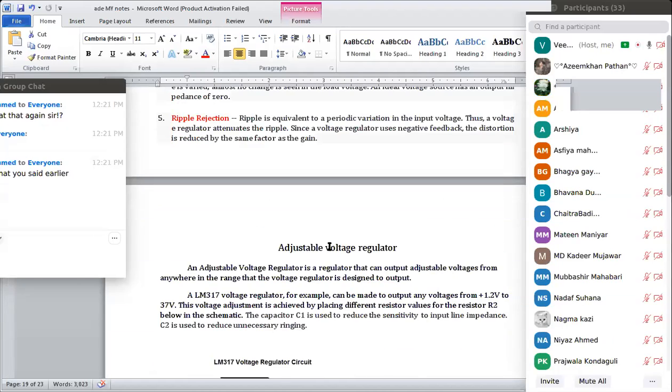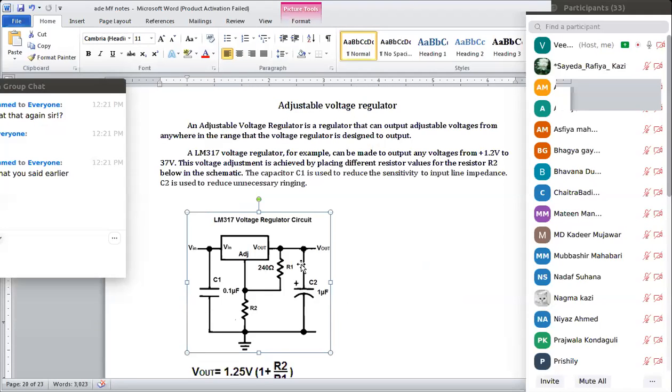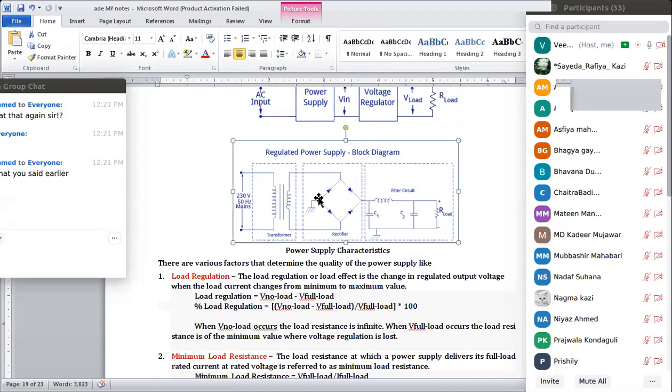But the adjustable voltage regulator is this one, where, for example, we have taken the LM317 voltage regulator. This is an IC which has all these three stages. Not like a transformer, but it has rectification, then a filter circuit, and then regulation.